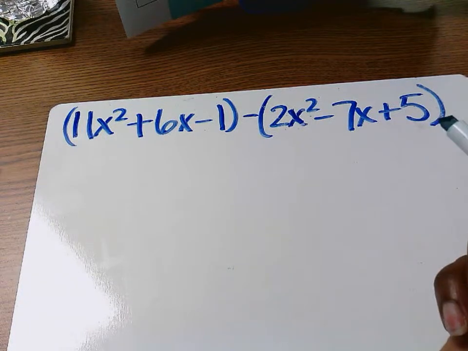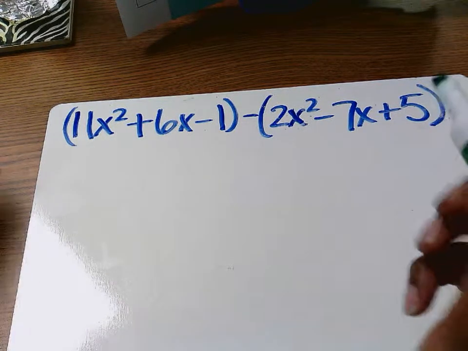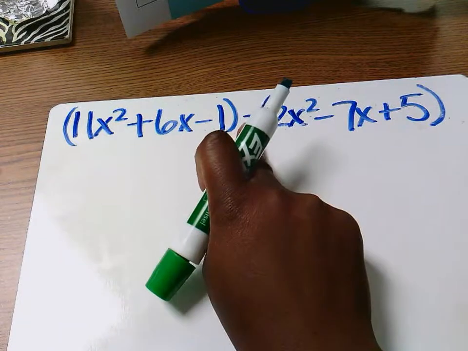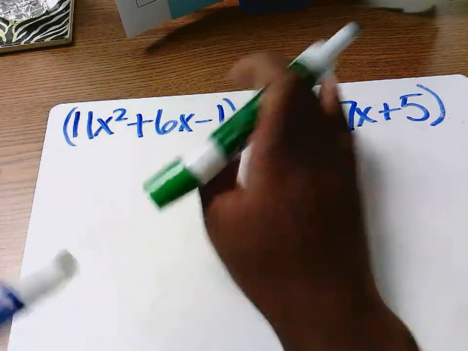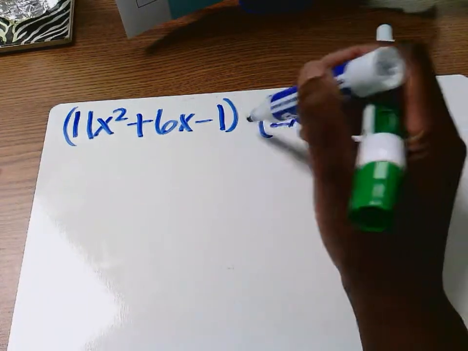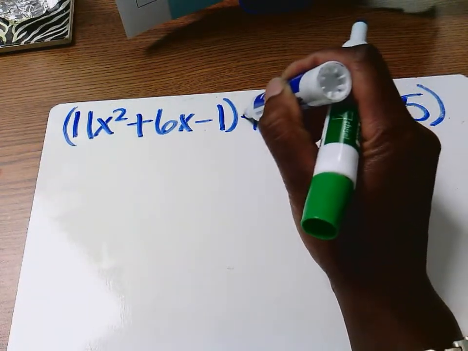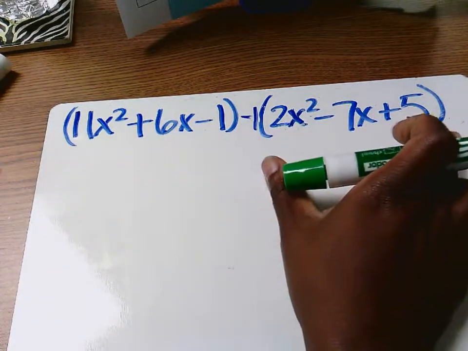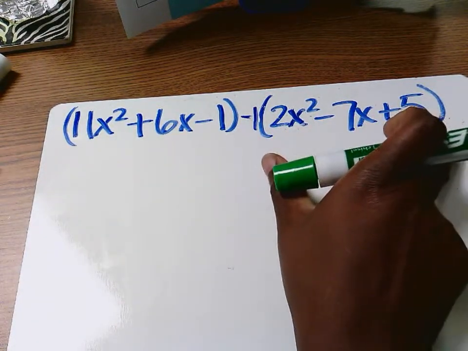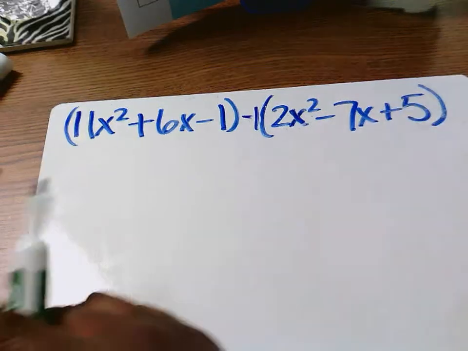Here's the uber important part, all right? You see this minus sign right here? I want you to think of that like a negative 1 because you have to distribute this negative 1 inside of the second set of parentheses, okay?